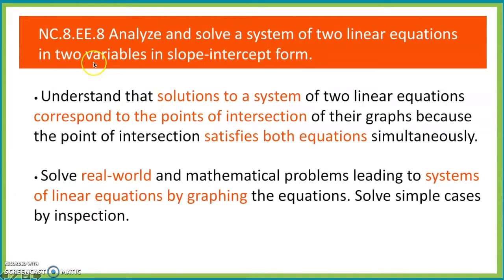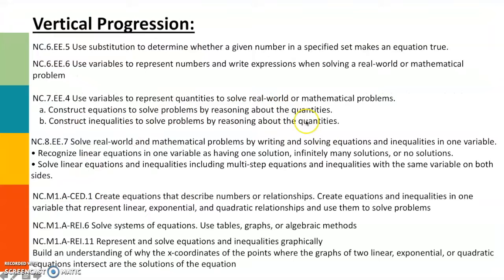So this video covered the North Carolina Standard 8EE8. We're going to finish by looking at the vertical progression. So we're going to look back to 6th grade and see how we got to where we are with 8EE8. In 6th grade, students had to use substitution to determine whether a given number in a specified set made an equation true.